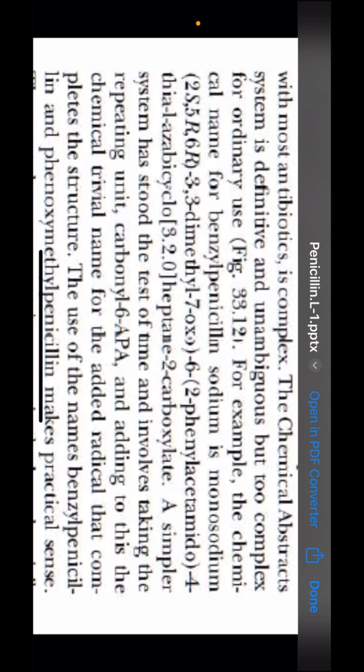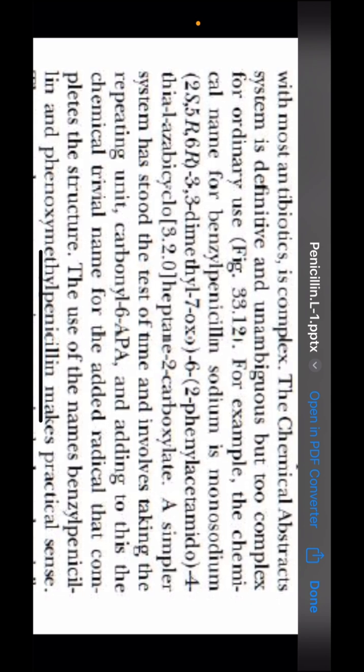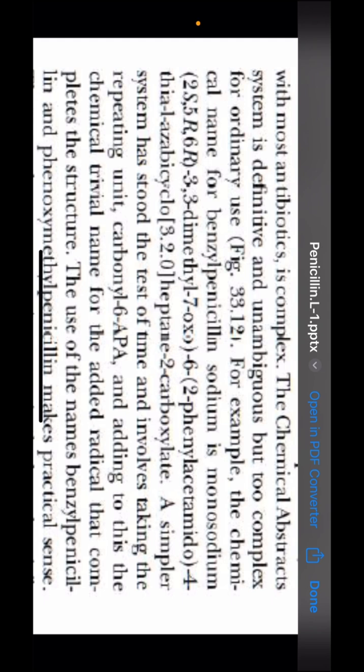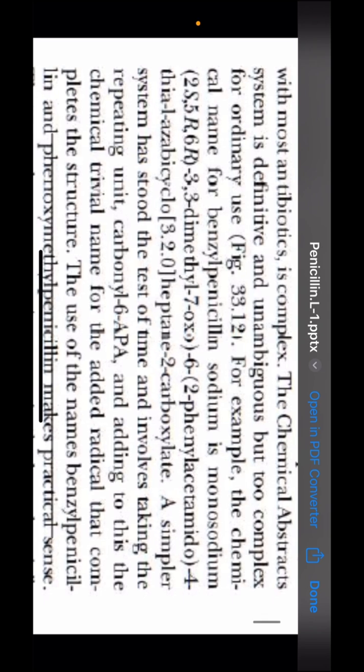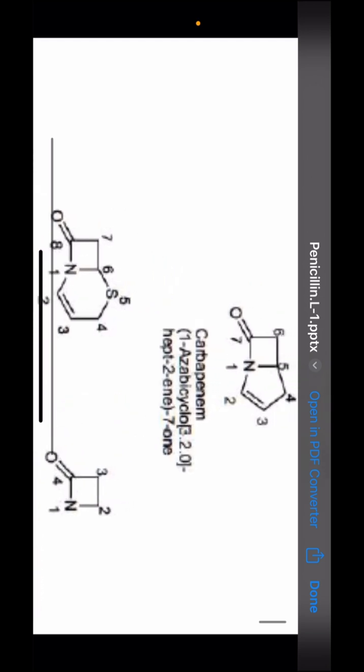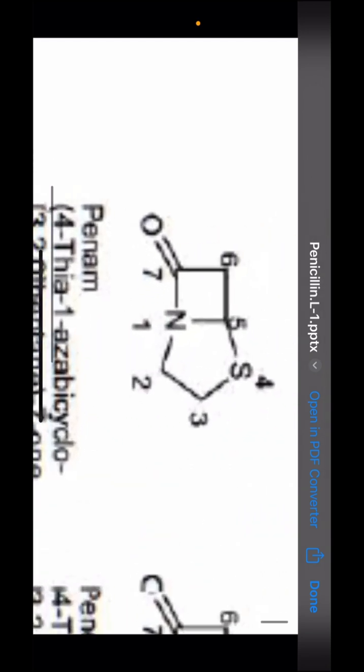2S, 5R, 6R. In penicillin we have three stereocenters, that is chiral carbons at the 2S position, 5R position, 6R position, 3,3-dimethyl, 7-oxo, 6-(2-phenylacetamido), 4-thia, 1-azabicyclo[3.2.0]heptane-2-carboxylate. The [3.2.0] structure comes with the joining here, that is the penam C5 and N1.